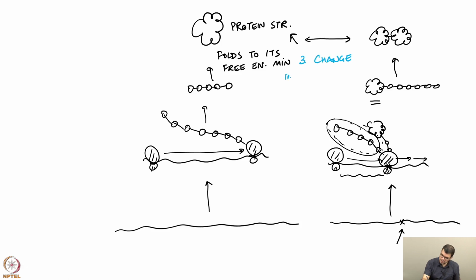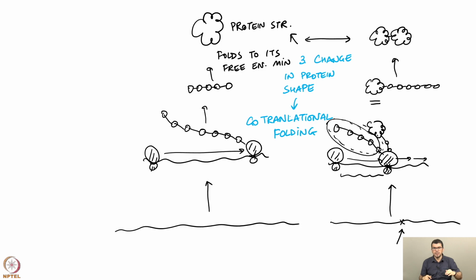Change in protein shape, and this has to do with the fact that translational co-folding, or this is called co-translational folding, the rate of translation was altered because of the synonymous mutation, and that leads to this change in protein conformation.